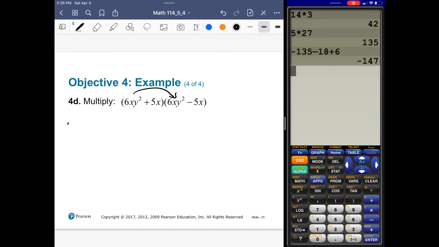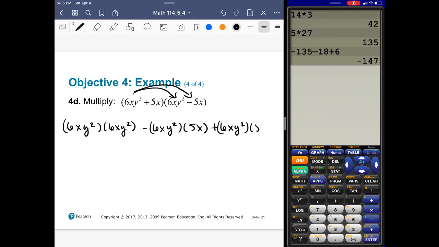On this, so we have 6xy squared times 6xy squared minus 6xy squared times 5x plus 6xy squared times 5x minus 5x times 5x.